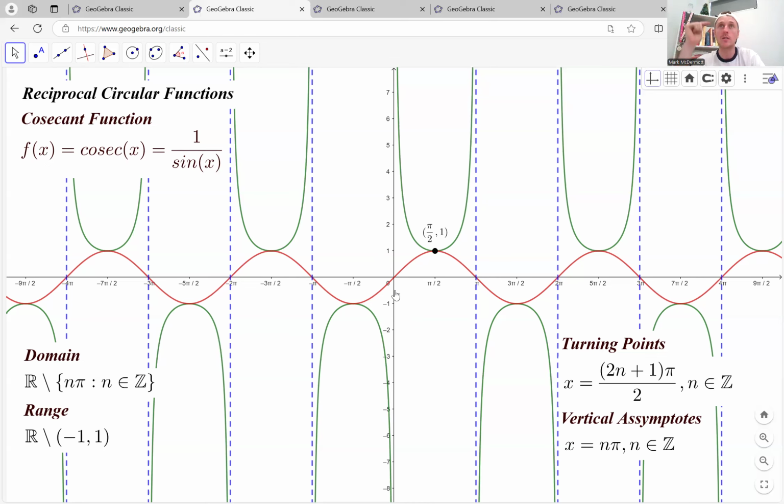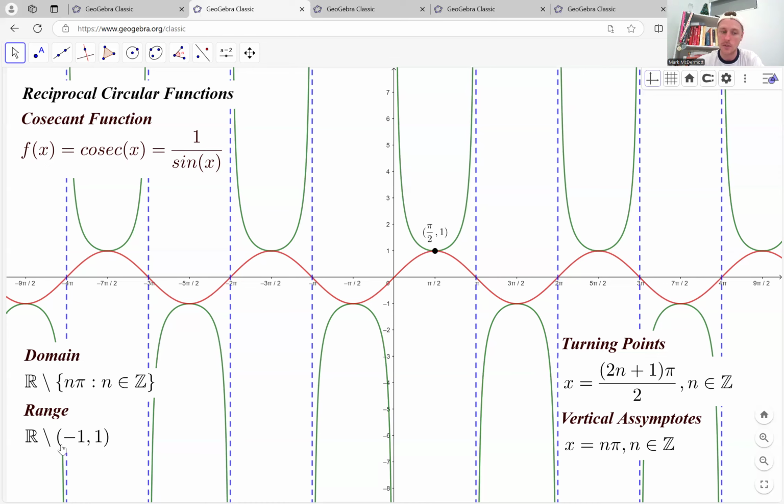If we took 1 divided by -1/2, we're actually going to get -2. So essentially we're taking 1 over proper fractions, which gives us values outside. We can't possibly get values inside the interval -1 and 1. So the range is going to be all real numbers excluding values that are in the interval -1 and 1.